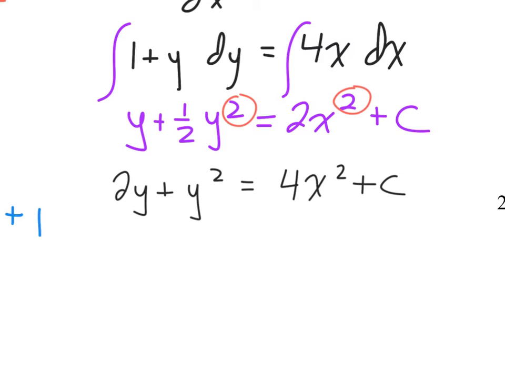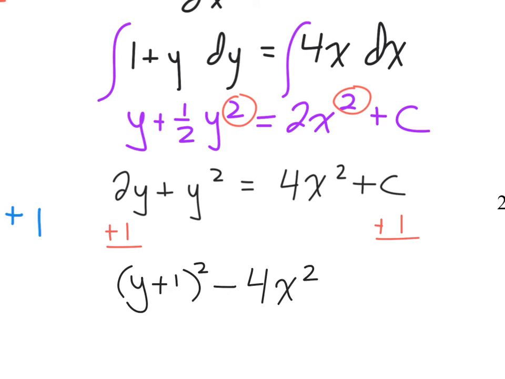No need to reinvent the wheel. Add 1 to complete the square, which gets us y minus 1, I'm sorry, y plus 1, this is right in front of my face, squared minus 4x squared equals c.